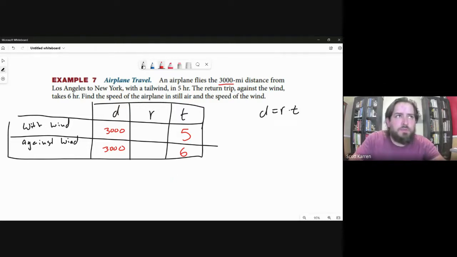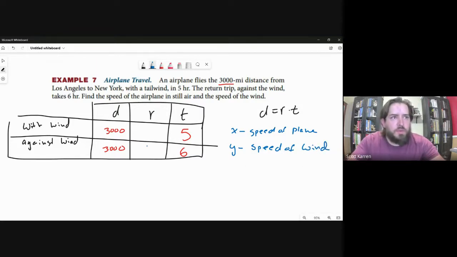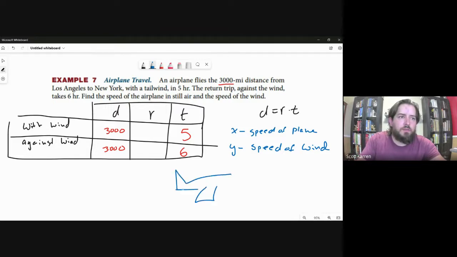But I've got two things happening. I've got the speed of the airplane, which I'll call x, and then I've got the speed of the wind, which I'll call y. Now, when I'm going with the wind, I've got this airplane, and the wind is pushing it along.